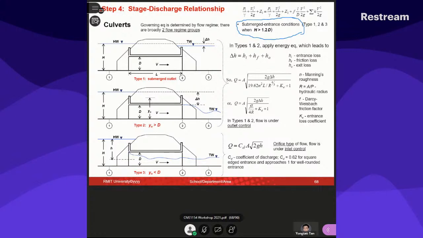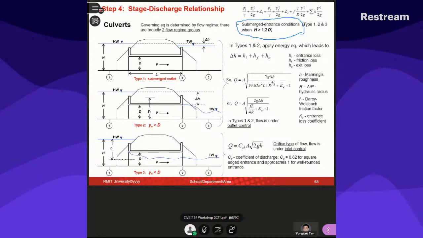If the culvert or pipe exit is submerged, then the flow is type 1, and the discharge is given by the equations. In type 1, if the exit is also submerged, we can use one of these two equations.